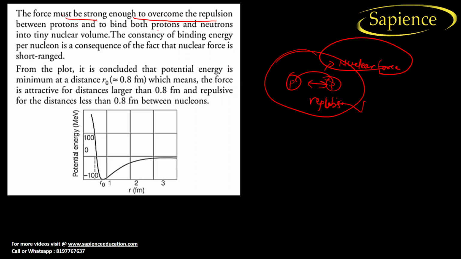So it means that the constancy of the binding energy per nucleon is a consequence of the fact that the nuclear force is a short range force. From the plot, it is concluded that the potential energy is minimum at this distance, which means that the force is attractive for distances larger than 0.8 Fermi and repulsive for distances less than 0.8 Fermi.